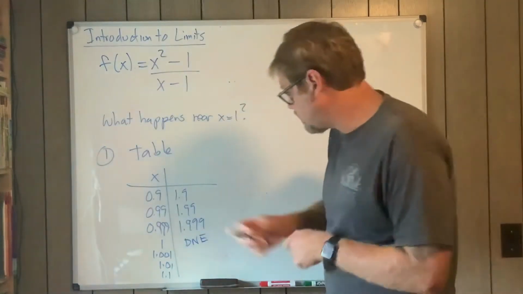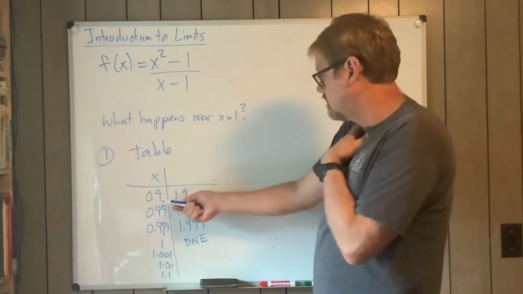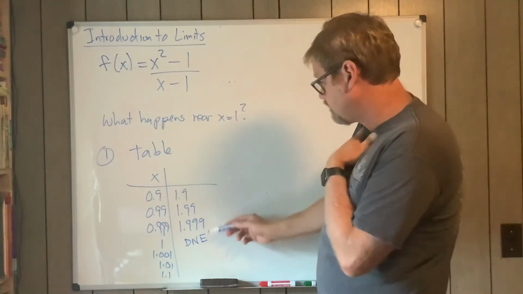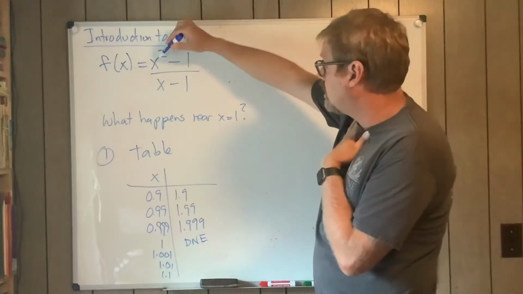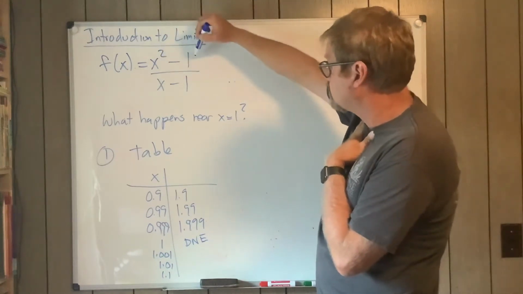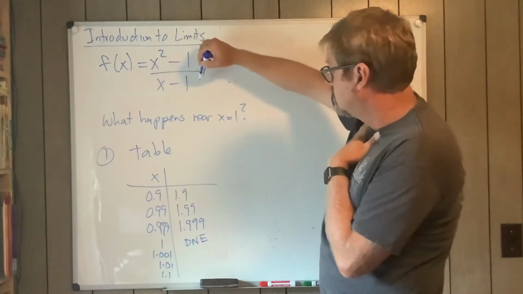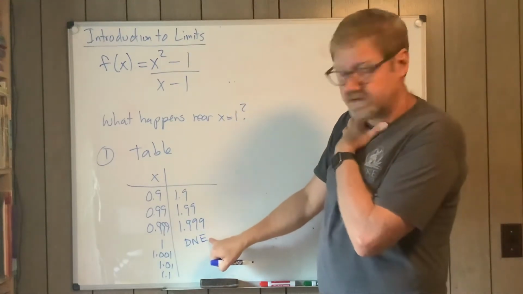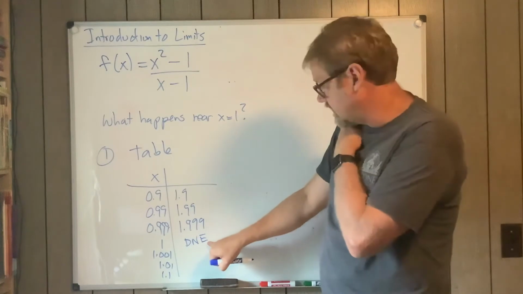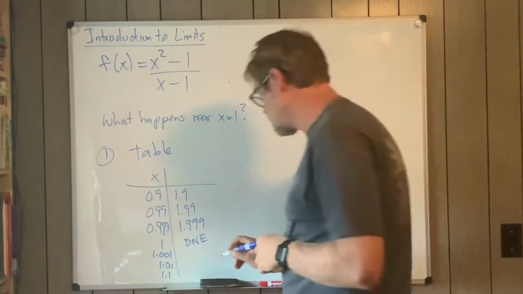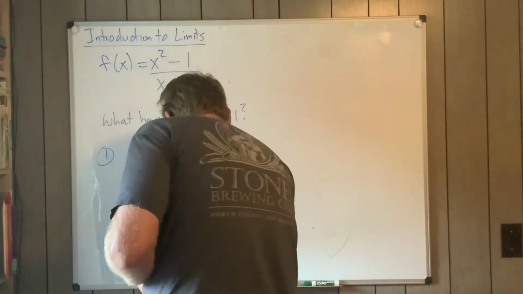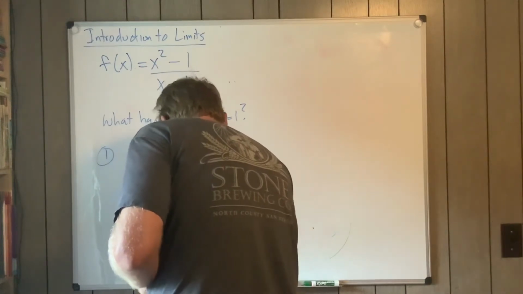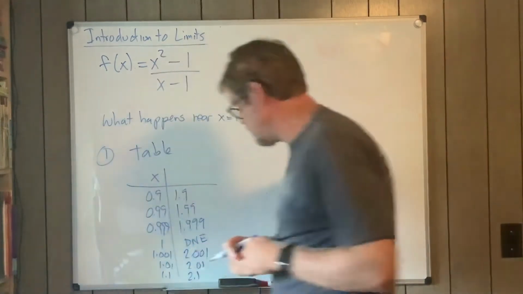Okay, so again, plug into a calculator and see what you get there. When you plug in 1, I get 1 squared, which is 1, minus 1 is 0, over 0. And since you can't divide by 0, I'm going to say does not exist, DNE. And if I check the last three, I get those.